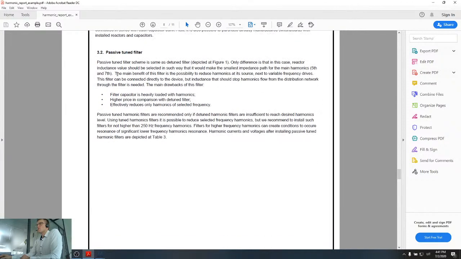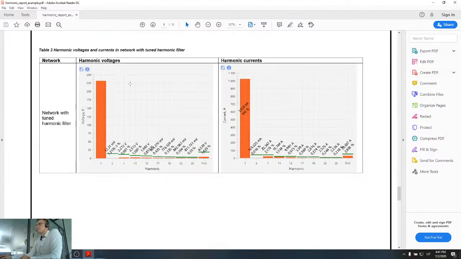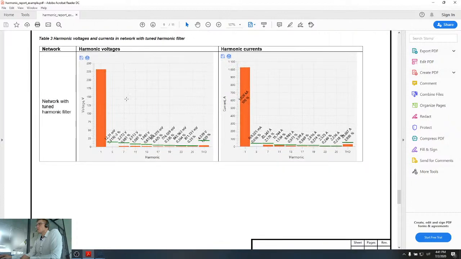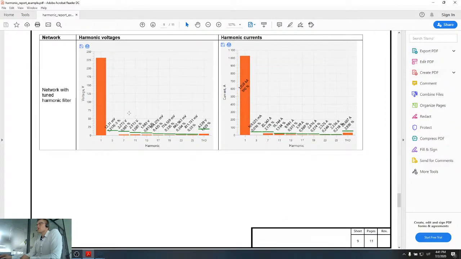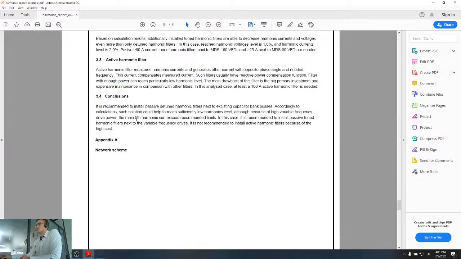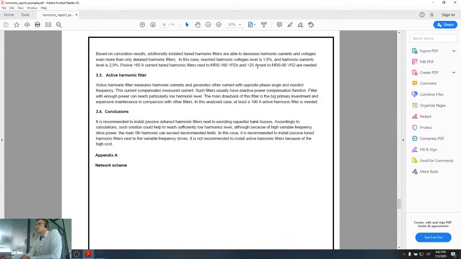Then we also check passive filters and what results can be reached with them, the recommended size of the passive filter and what the problems are. Then the active filter: we recommended a 100 amp active filter as a possible option, but finally, because of high price, our client used simple detuned filters.